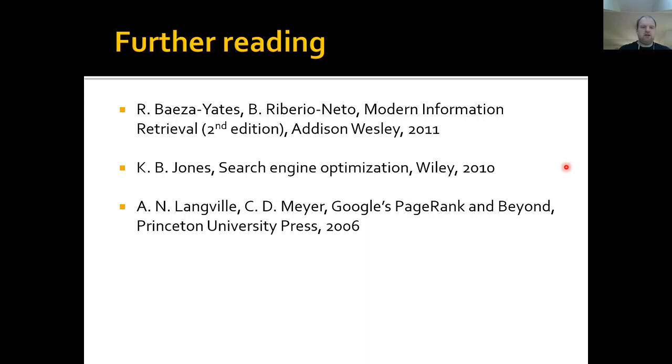So if anybody's interested, just search. You can start with classical books, for example, Modern Information Retrieval, some latest edition, and there are many more questions on the subject of SEO, and many more problems to be discussed.